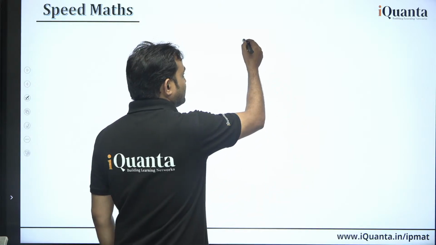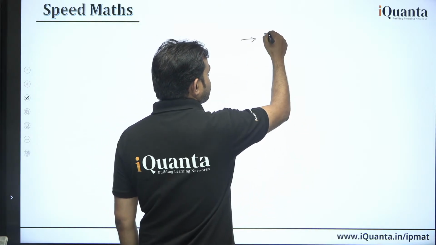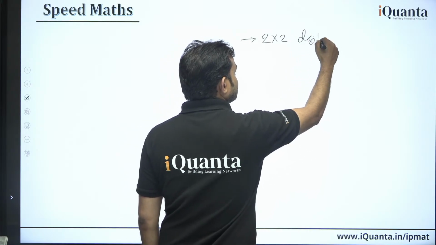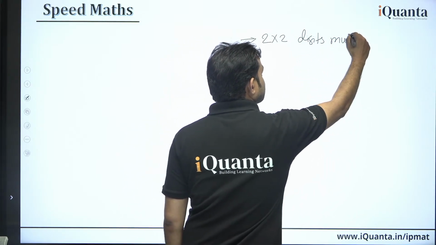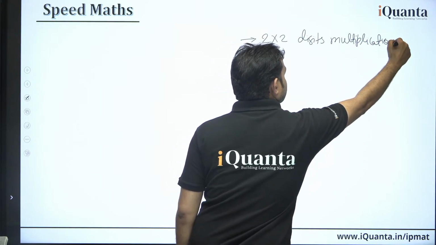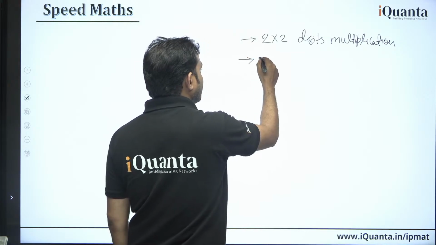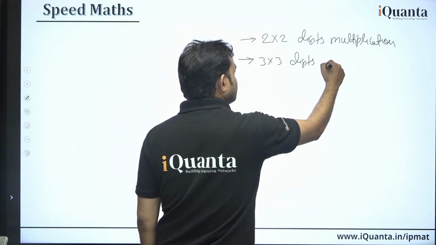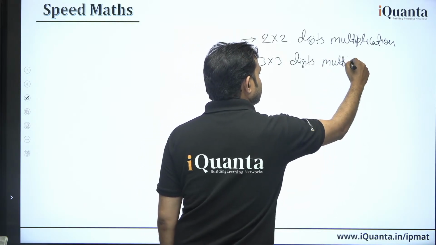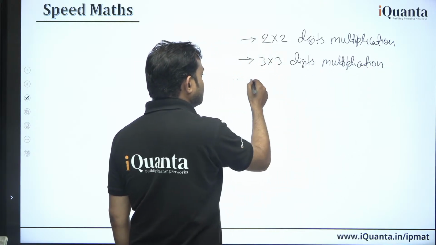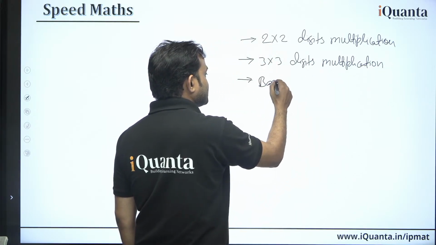First thing that we are going to do today is 2 into 2 digits multiplication. Then we are going to do 3 into 3 digits multiplication. Then we are going to learn some base multiplication.